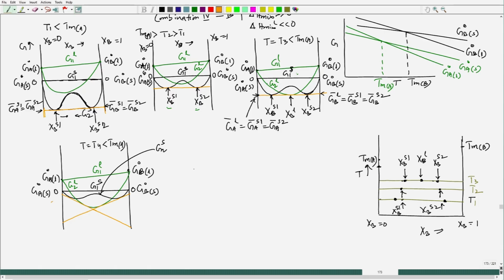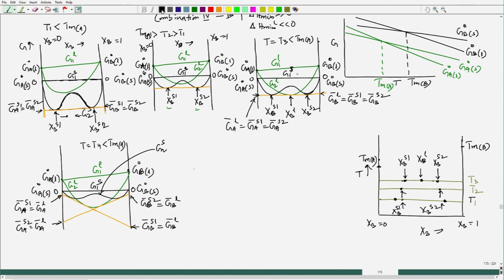So, now this point indicates equilibrium between G A bar of solid 1 equal to G A bar of liquid. This point is G A bar of S2 equal to G A bar of liquid. Here G B bar of S1 equal to G B bar of liquid, and at this point G B bar of S2 equal to G B bar of liquid.